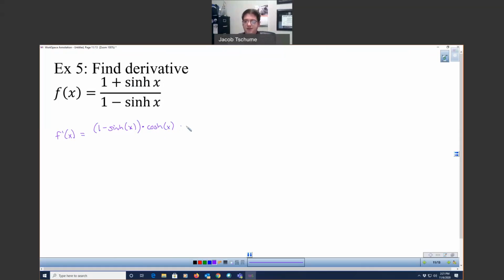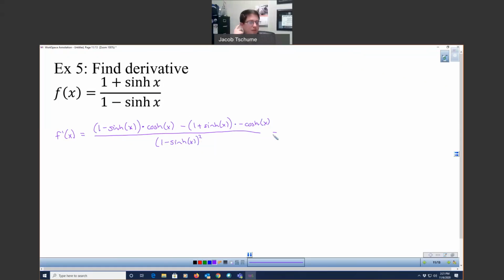All right, so minus the top, which is 1 plus hyperbolic sine, times the derivative of the bottom, which would be negative hyperbolic cosine, because the negative comes along for the ride. All of this is divided by the bottom squared. So 1 minus hyperbolic sine of x all squared.